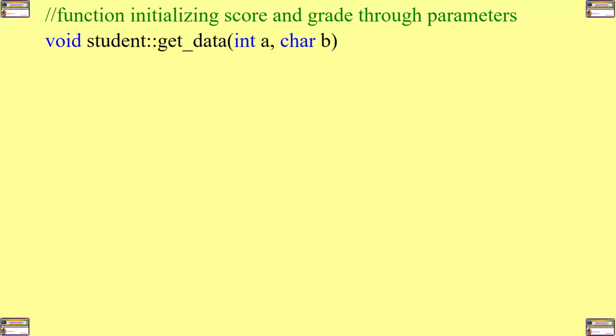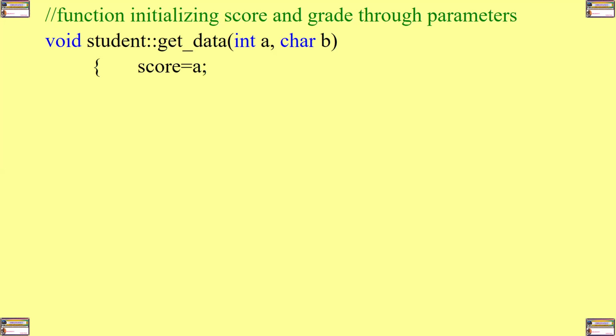These parameters are a, which is supposed to hold data of type integer, and b, which is supposed to hold data of type character. Then in the body of this function, we are initializing the score with the variable called a.